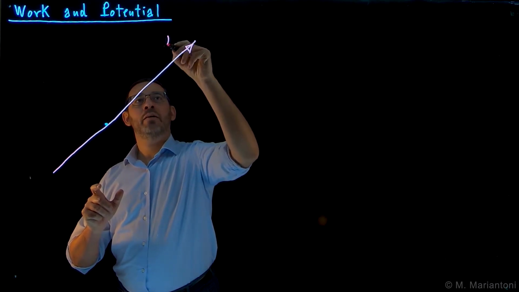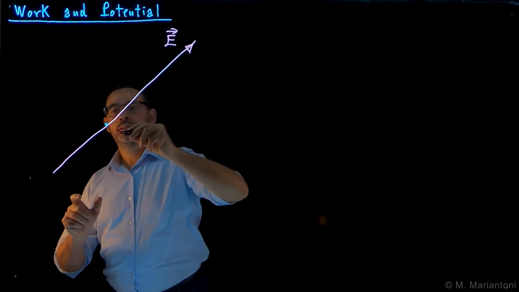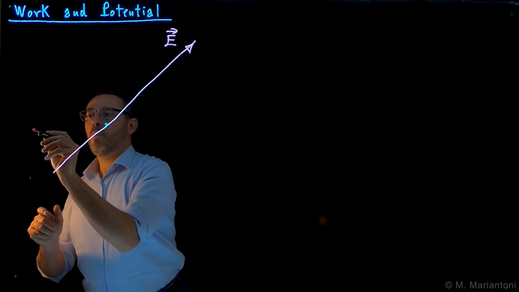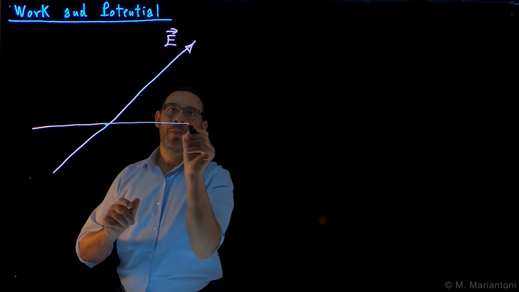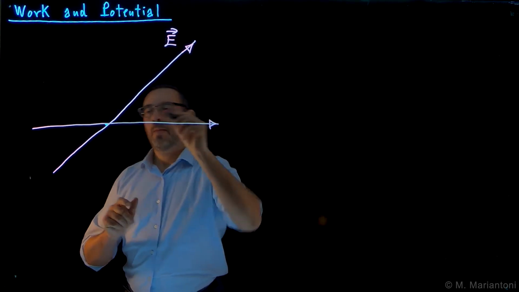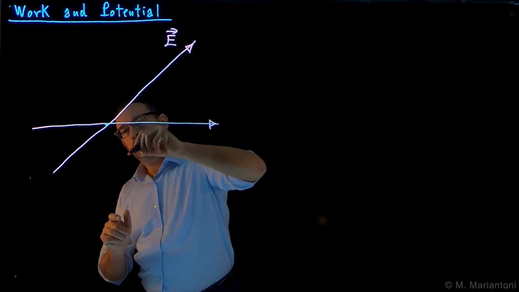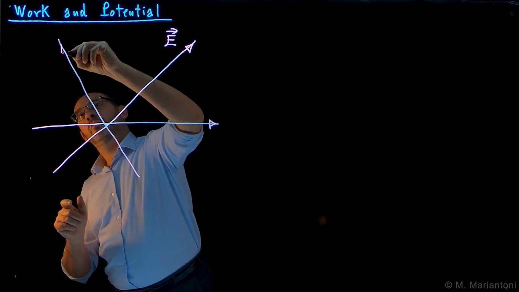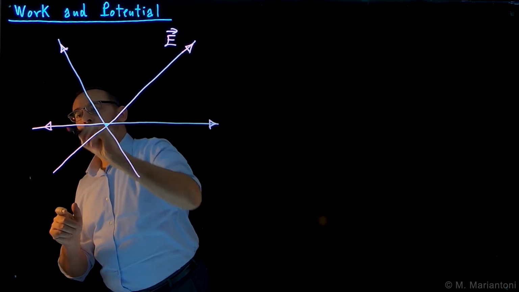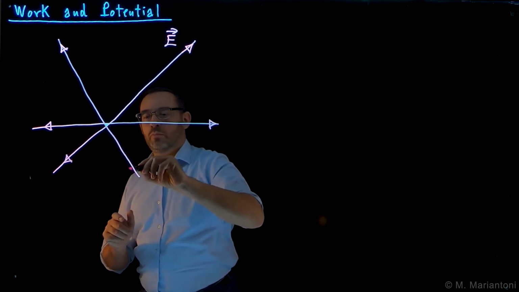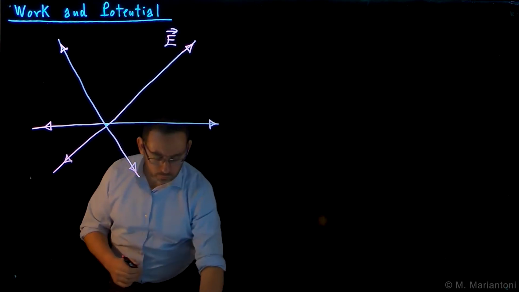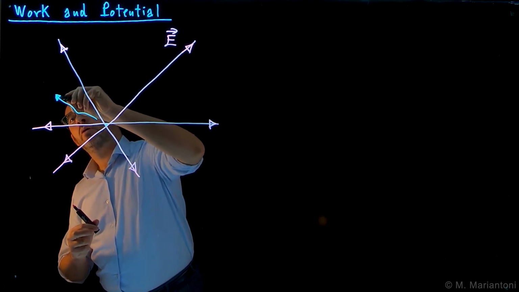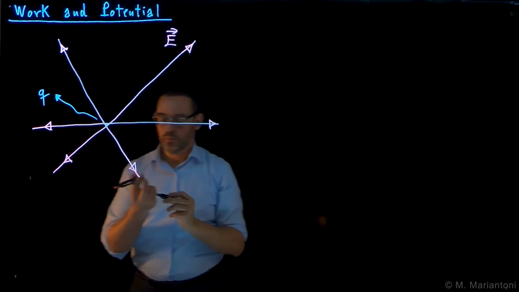This is one field line radially directed for E, and similarly, there will be many other field lines, and so on and so forth. This is our charge small q, our source charge.